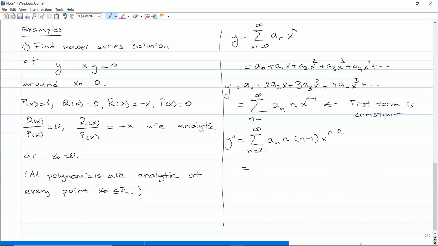So the first term is 2a2, and then 3 times 2a3x plus 4 times 3a4x squared, and so on. Okay, now substitute into the equation second derivative of y minus x times y equals 0.